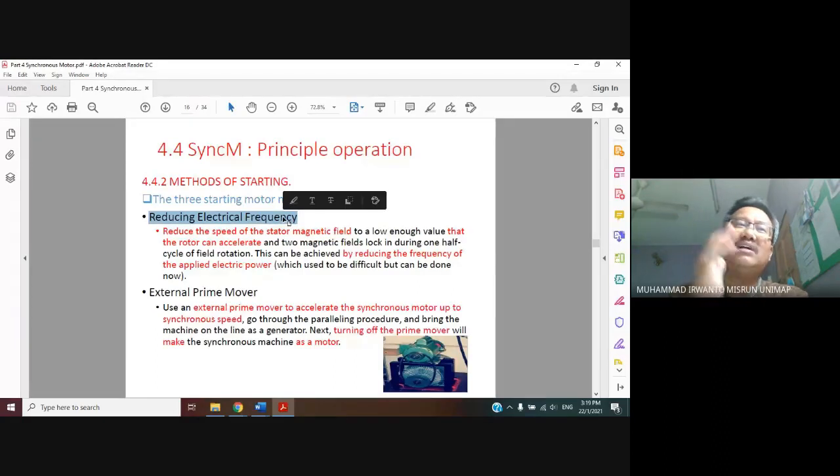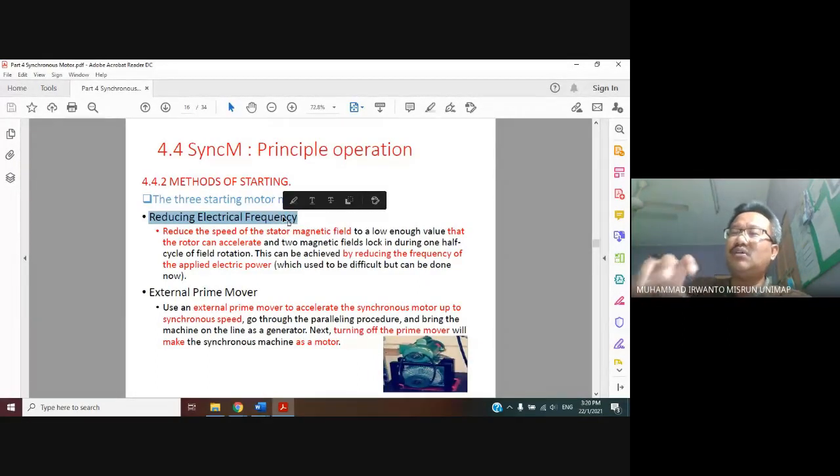But remember, the maximum frequency depends on the system frequency, in Malaysia 50 Hz. Meaning if we want to move slowly, we adjust the frequency to below 50 Hz. How to adjust it? Using an inverter that can adjust the frequency.